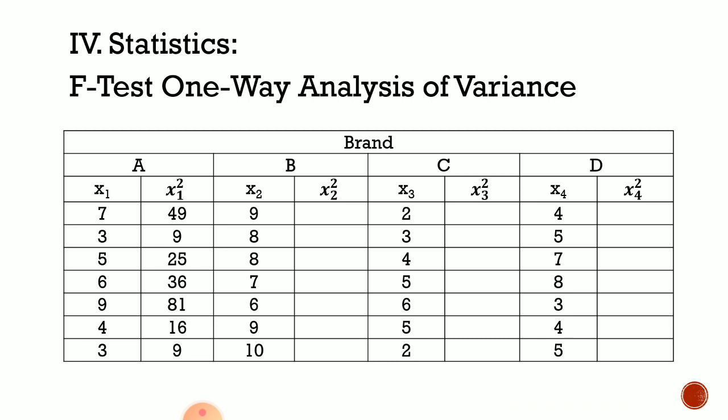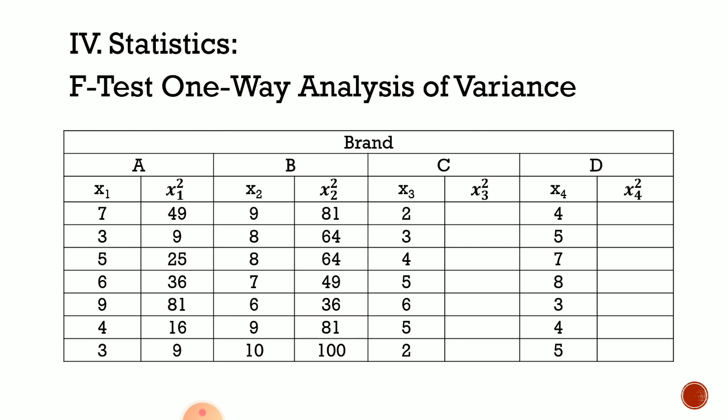Repeat the process on brand B. We'll be getting x sub 2 squared. That is 9 squared, which is equal to 81, 8 squared, which is 64, another 8 squared, which is also 64, and so on.